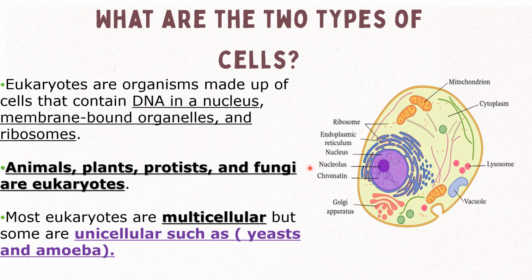Most eukaryotes are multicellular, the opposite of prokaryotes, though some are unicellular. Animals, plants, protists, and fungi are mostly multicellular, but yeast, amoeba, and paramecium are unicellular, as we discussed in the first part.